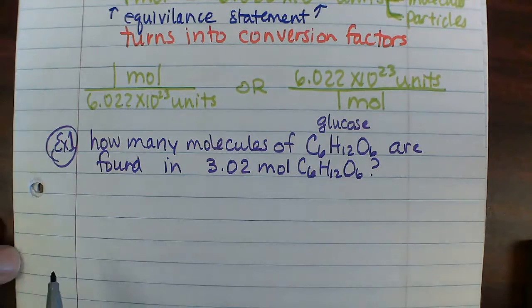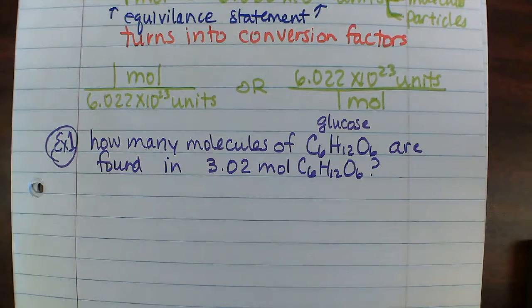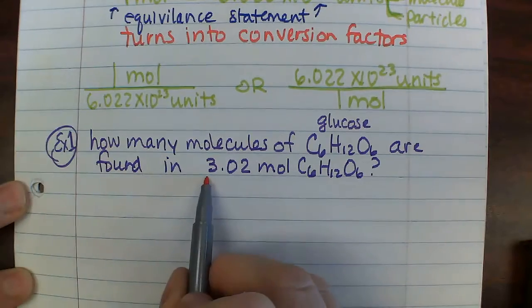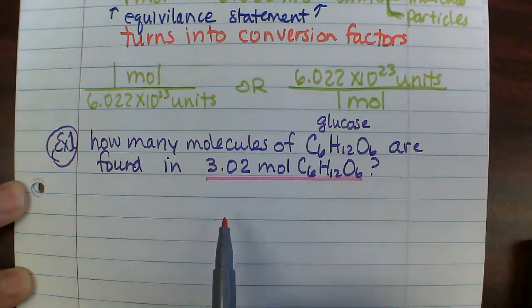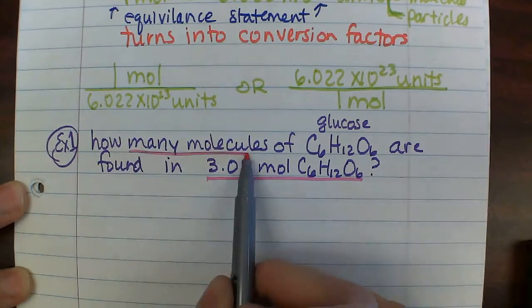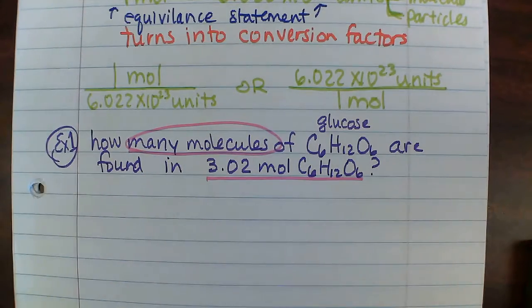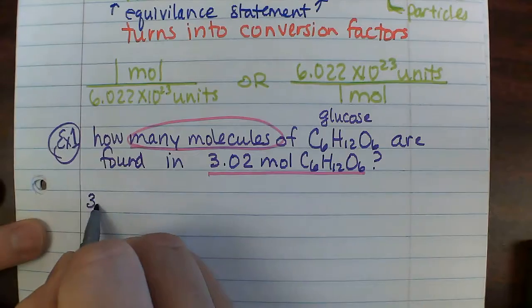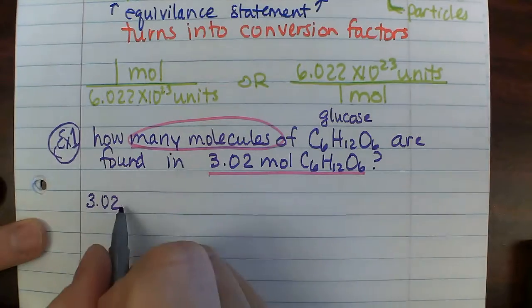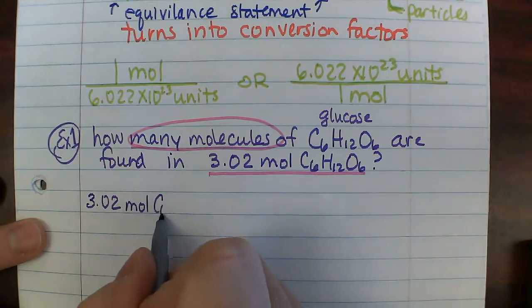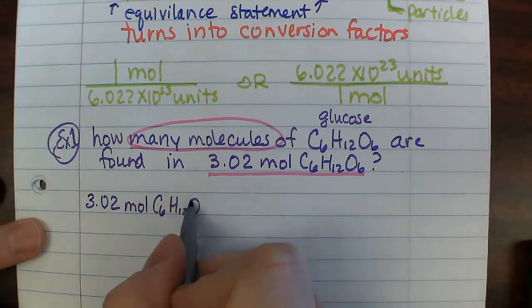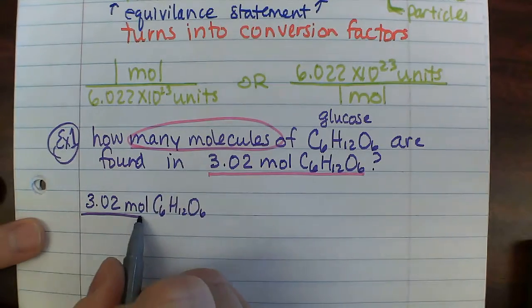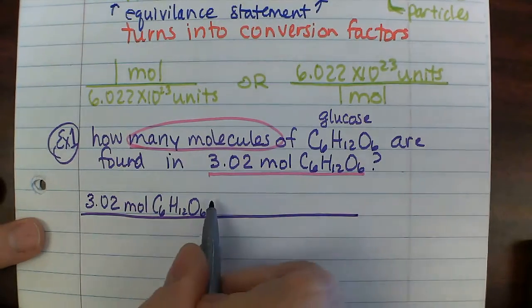Okay. So, again, let's look at what we're given, and let's look at what we're trying to find. So we are given 3.02 moles. We want to know how many molecules. So we're going to always start with what we're given, 3.02 moles of C6H12O6. Picket fence.